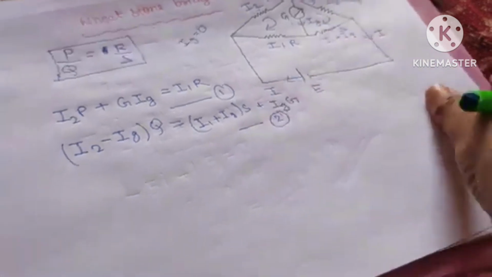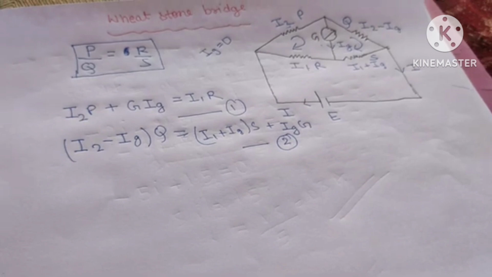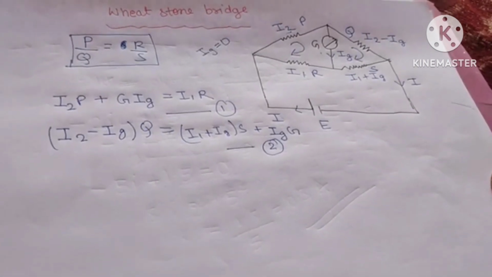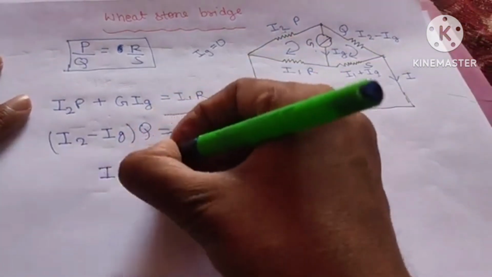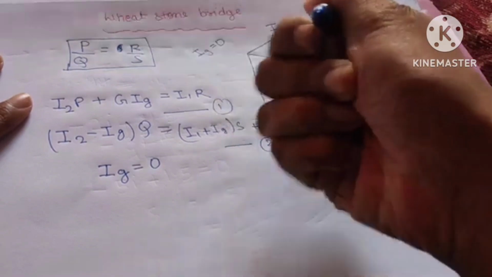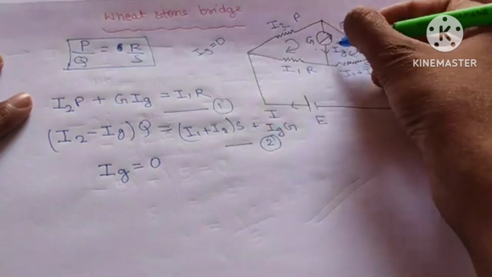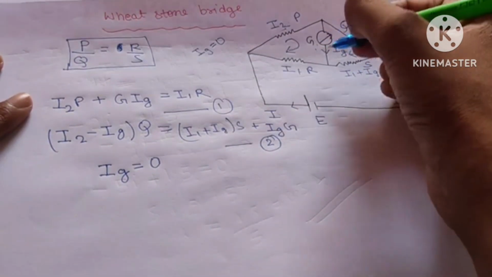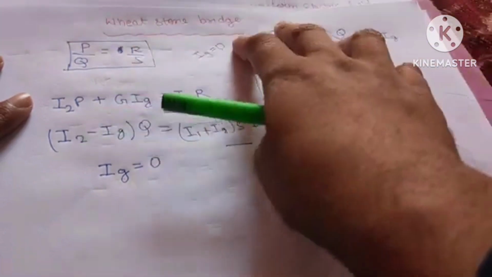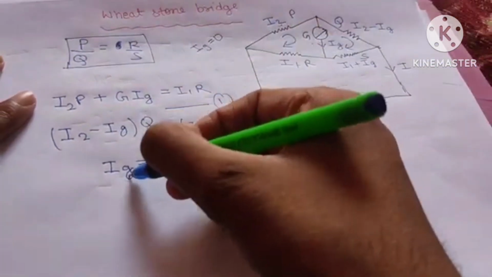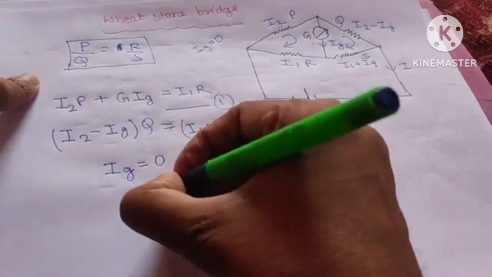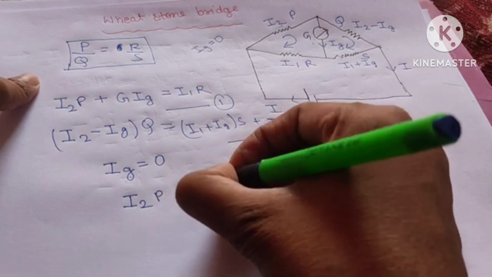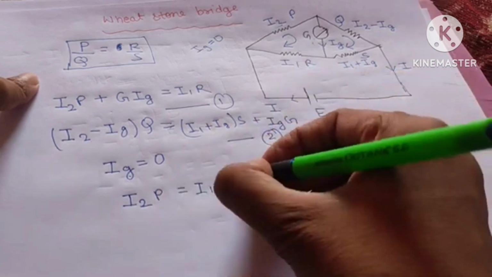Now we're coming to the point. Take Ig equal to 0, because if this ratio and this ratio are equal, then there is no current flowing. This is known as the Wheatstone bridge. So Ig is equal to 0 in equation 1, so I2P is equal to I1R.